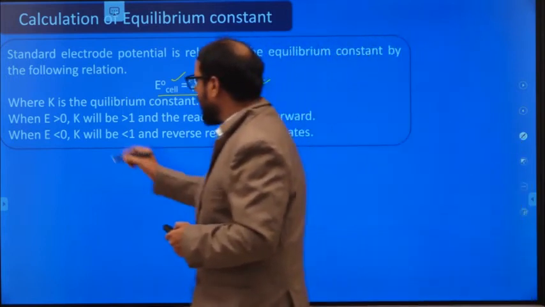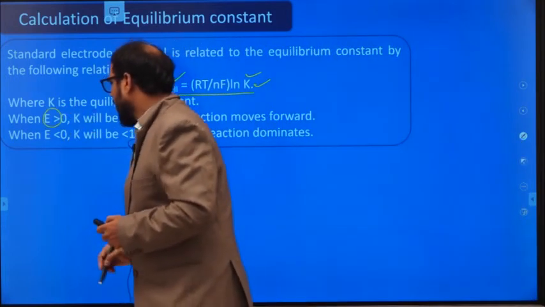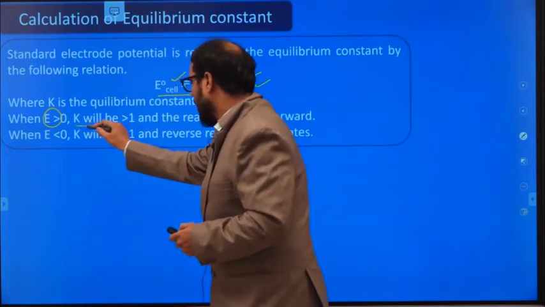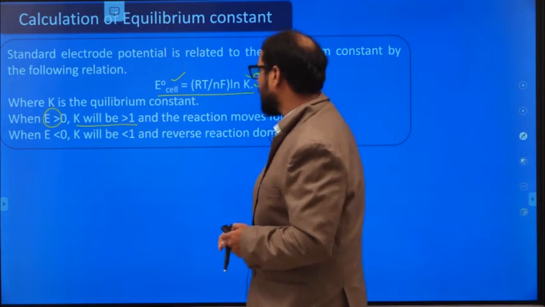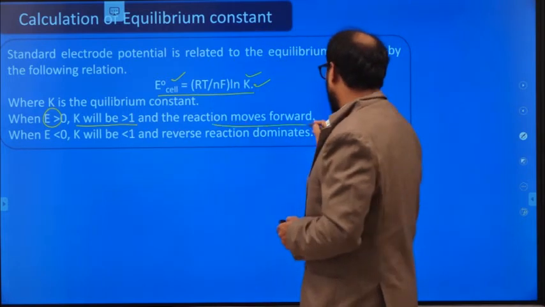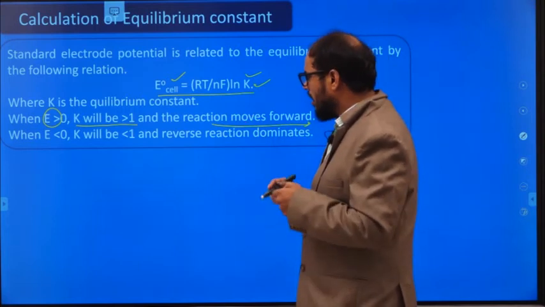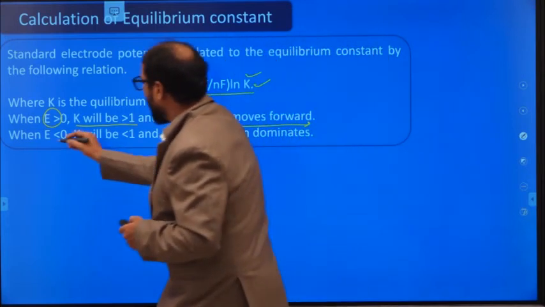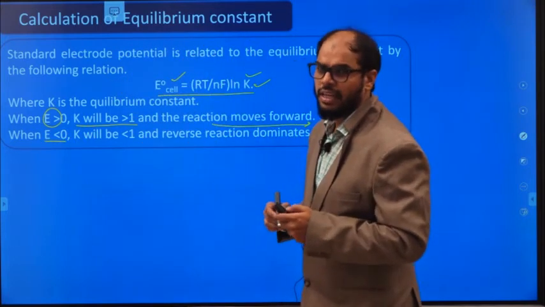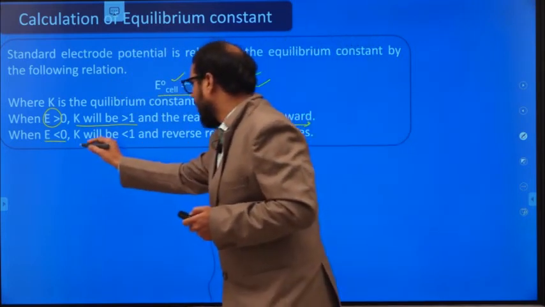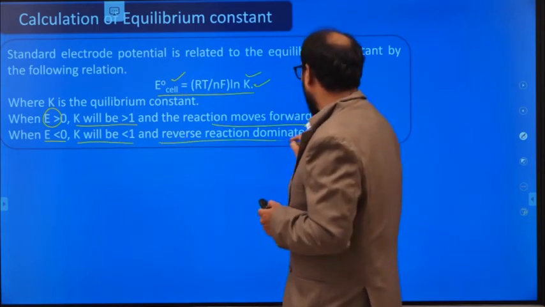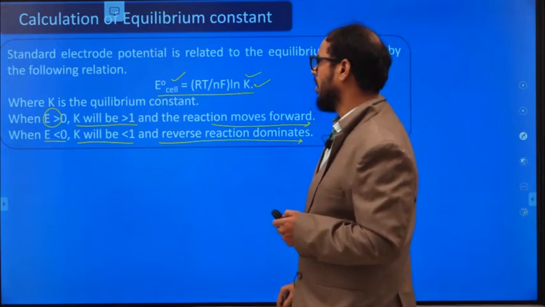So whenever the EMF is more than 0, the equilibrium constant will be more than 1, so the reaction moves in the forward direction. Similarly, whenever the cell potential value is less than 0, that means a negative value, then K will be less than 1, and the reverse reaction will dominate in this situation.